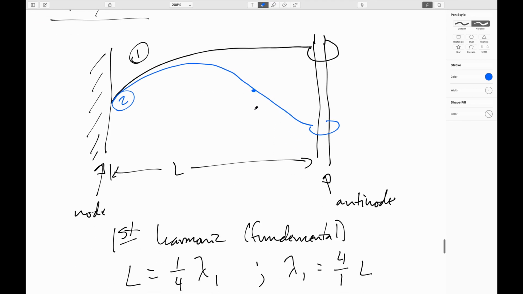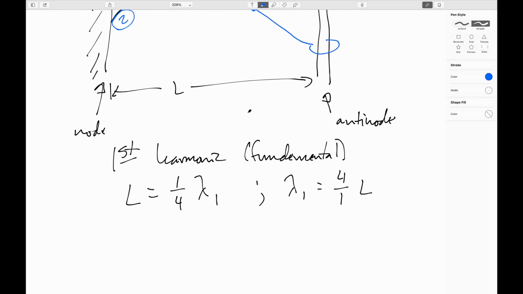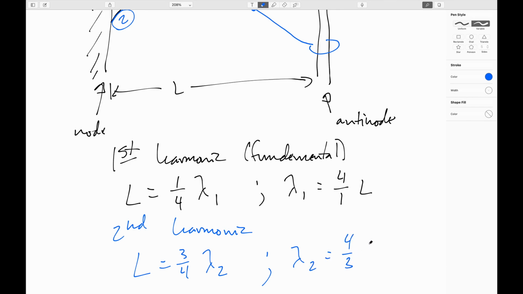And what I've got is a loop and a half, or 3/4 of a wave. So the wavelength would be 4/3 L.